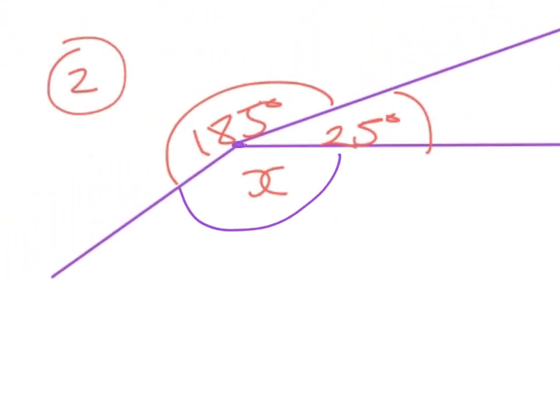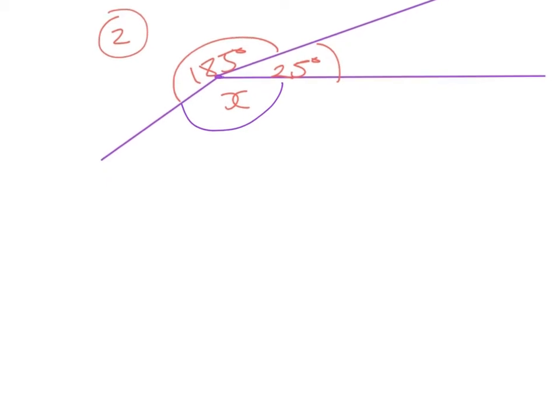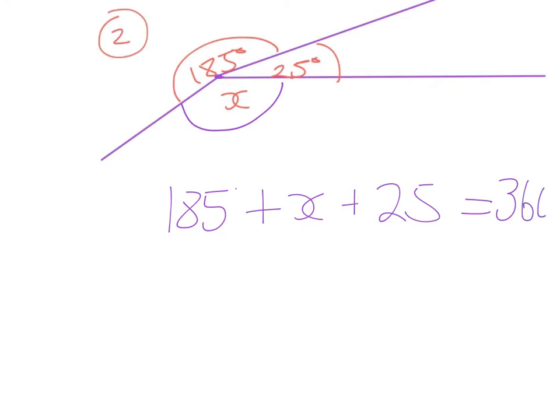And this is the information that's going to help me solve question 2. So I know that if I add 180 degrees plus the x plus the 25 degrees, I should get 360. So 180 degrees plus x plus 25 degrees should give me 360 degrees. This will help me figure out my x.